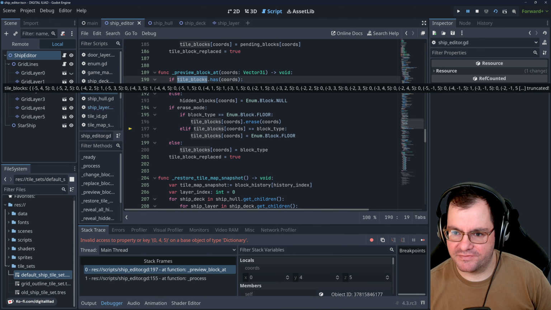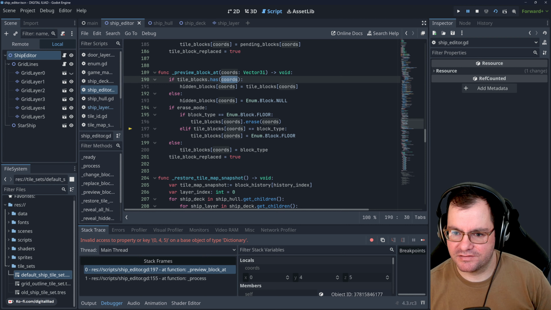We already have an if tile blocks has up here. We should probably put the erase mode inside this if else.